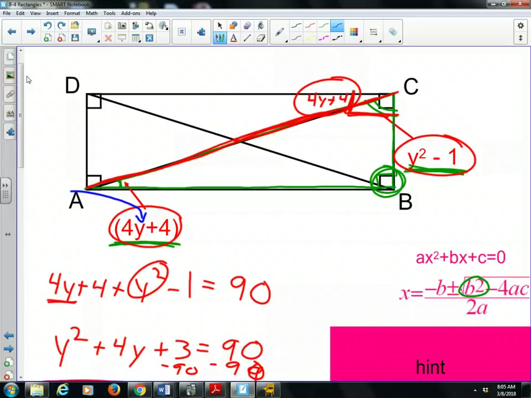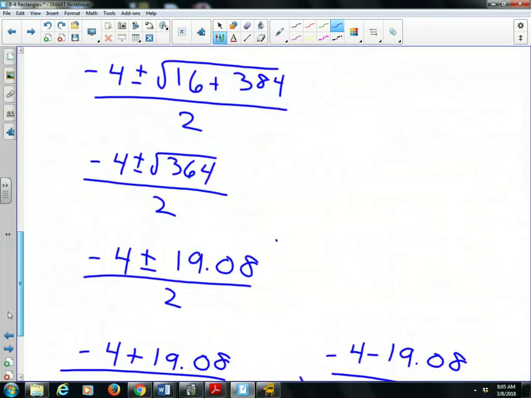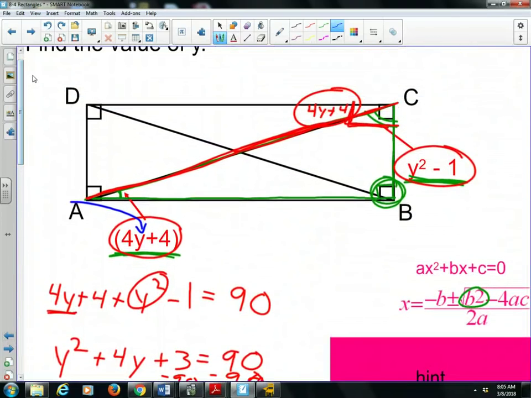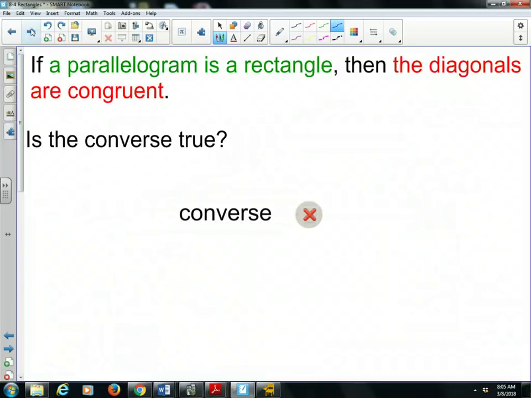Not in a triangle. So this answer is not the one we're looking for. This 7.54, if you were to put that in for y right here, and right here, now we're looking at the triangle that would add up to equal 180 degrees. So 7.54 is our answer.